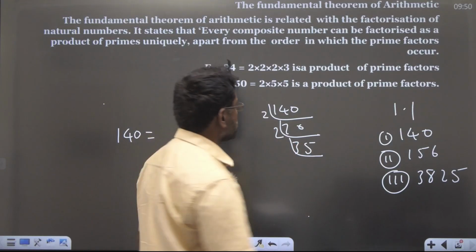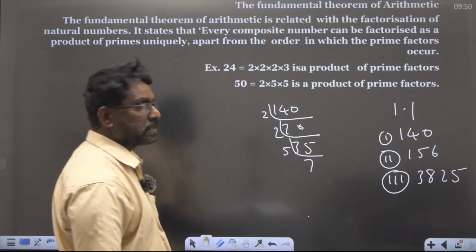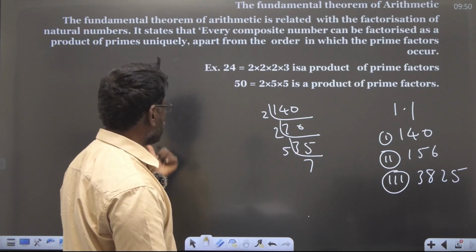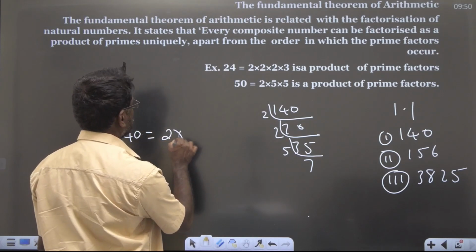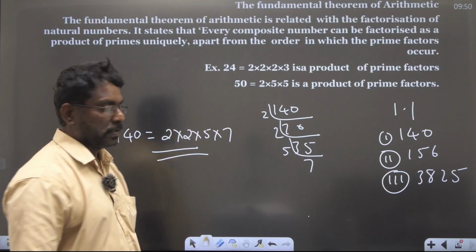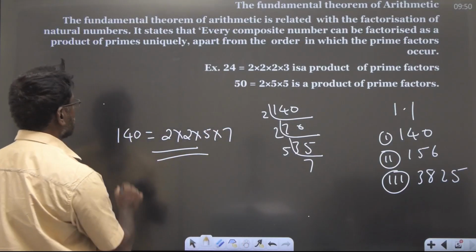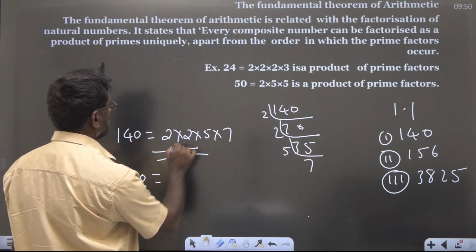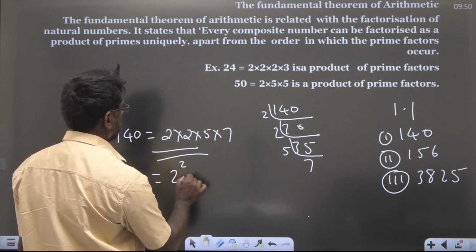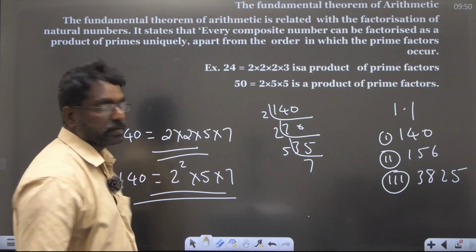With 5 it is possible. 5 into 7 is 35. So we can express 140 as 2 into 2 into 5 into 7. This is the method. So we can write 140 as 2 square into 5 into 7. This is the final answer. Okay, right?